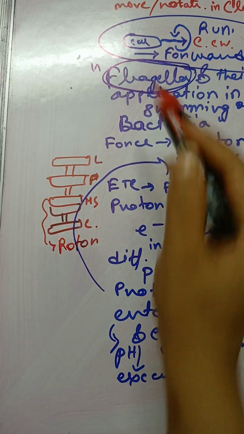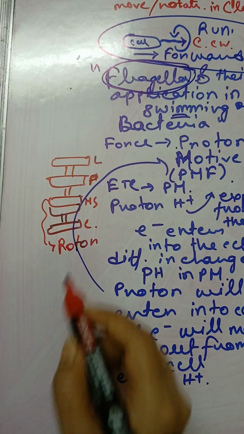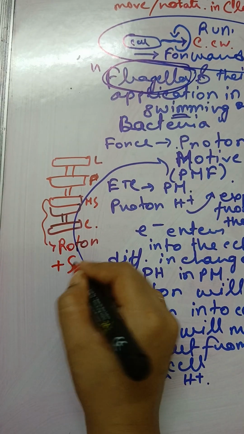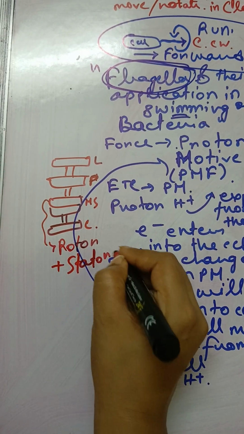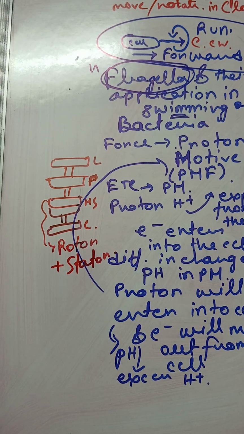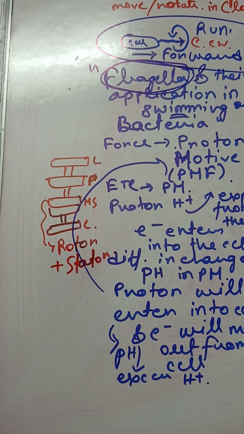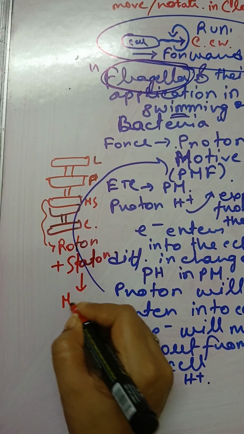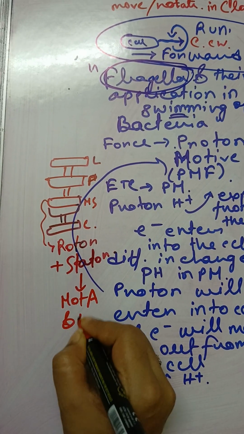This will help the flagella, because flagella have 2 things, one is the rotor and one is the stator. Now the stator is a different thing. Basically, there are 2 proteins known as MotA and MotB.